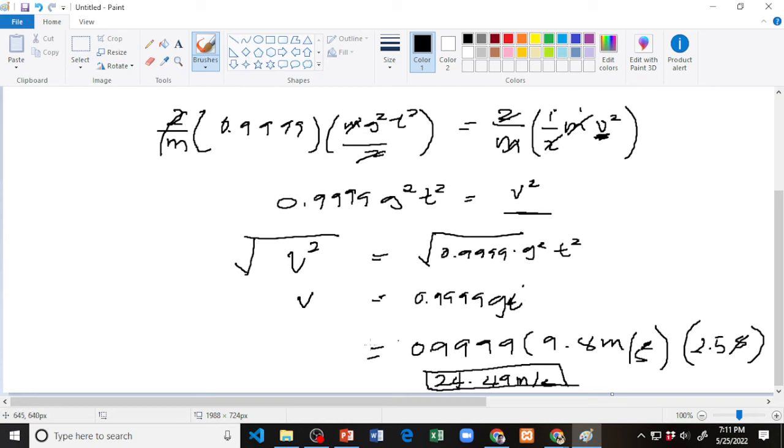And the total energy is 300.13. So how is that done?